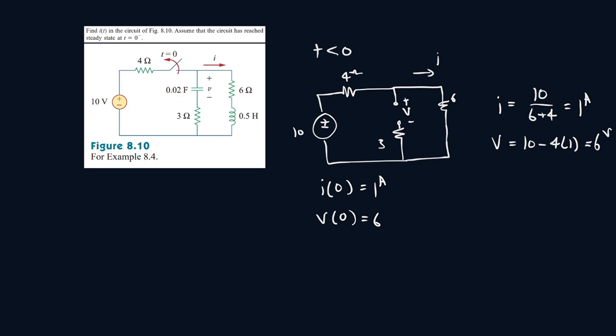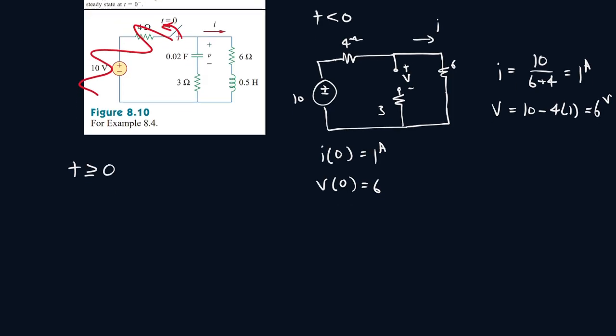Okay, so now we're gonna open this switch and draw the circuit for that. So we see that this region becomes disconnected from this region, so we're just gonna ignore this and focus on this. So the circuit will look something like this for when t is greater than or equal to 0.